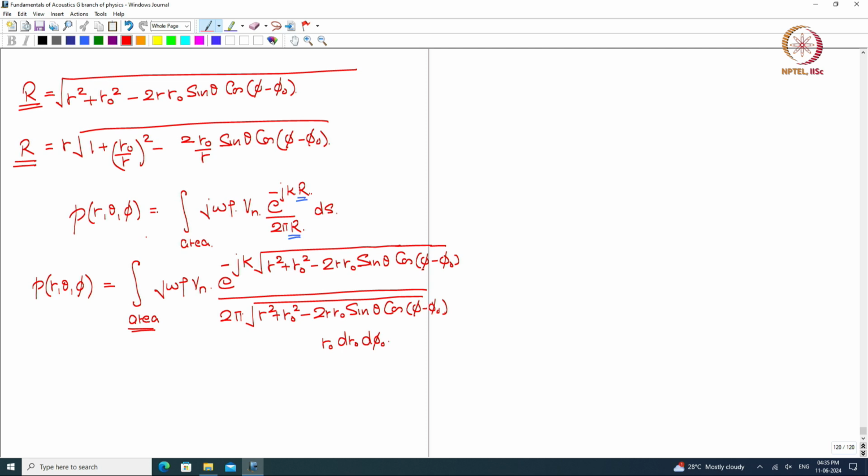Now with r0 and phi 0 in the numerator, I mean here, and r0 phi 0 here in the denominator, it's not amenable to a closed form solution.